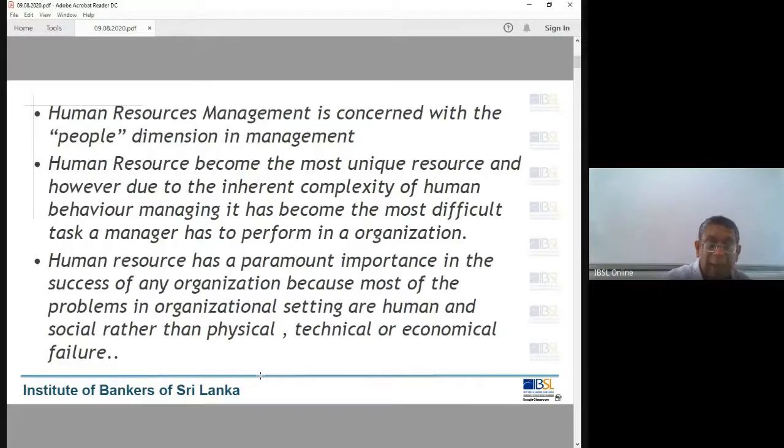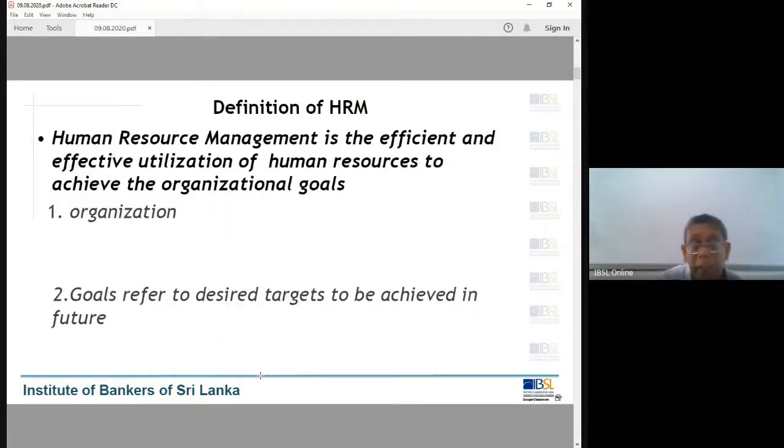Right. Now let's look at the definitions of HR. First, the definition of human resource management. You can underline the definition now.